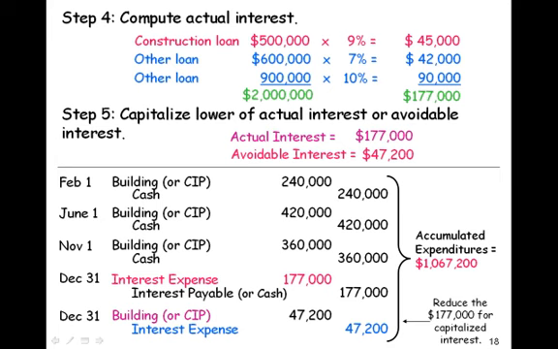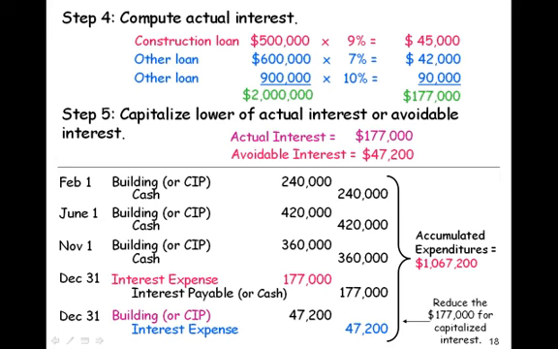If the warehouse had been constructed for a customer, the debits would have been to construction in progress as an addition to inventory. Also notice that year 2 will begin with accumulated expenditures of $1,067,200 and be weighted for the entire 12 months. Additional expenditures in year 2 would be weighted and added to this total.